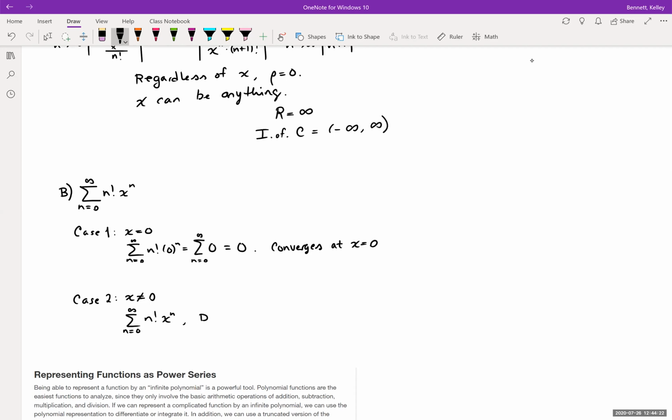If x isn't 0, then if we apply the divergence test, the limit as n goes to infinity of n factorial times something that's not 0. It doesn't matter how small x is, the limit will not be 0. So it diverges.